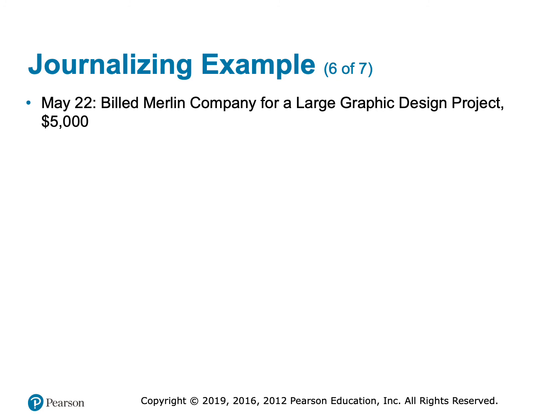So we did work. We did a graphic design project. So remember, anytime we do work, that's called revenue, and revenues are always credited. So I want to credit that revenue account, graphic design fees. Now this time I did not get cash yet, but I am expecting to receive cash in the future.